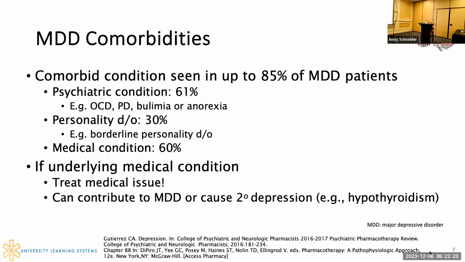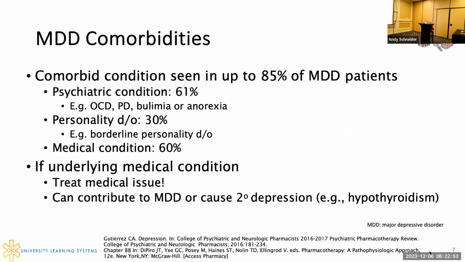Regarding comorbidities, about 85% of patients with major depressive disorder will have some other comorbidity. About 50% of them may have comorbid anxiety, which is why sometimes when we start antidepressants, you might see an increase in anxiety, and that leads to a patient discontinuing treatment. I'll talk more about that as we go through the next 4 or 5 hours.